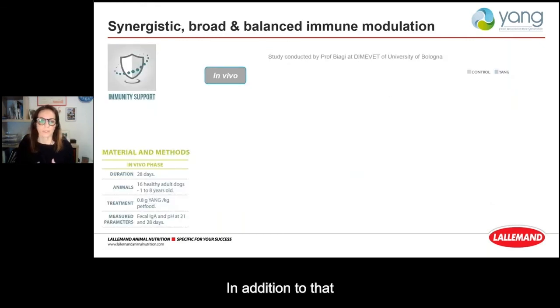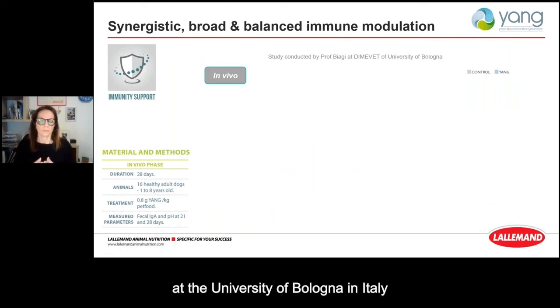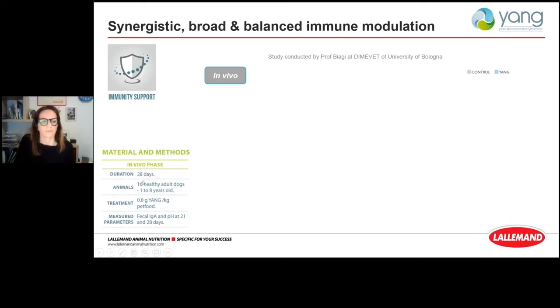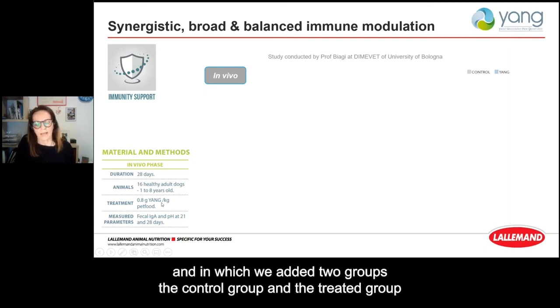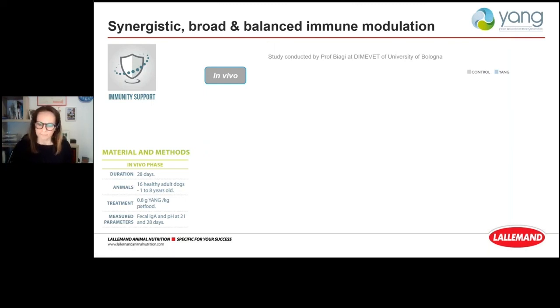In addition to that, we performed trials in parallel, in vivo and in vitro, at the University of Bologna in Italy. For the in vivo phase, we used 16 healthy adult dogs in a trial that lasted 28 days, in which we had 2 groups, the control group and the treated group that was supplemented with a pet food containing 800 grams per ton of Young.